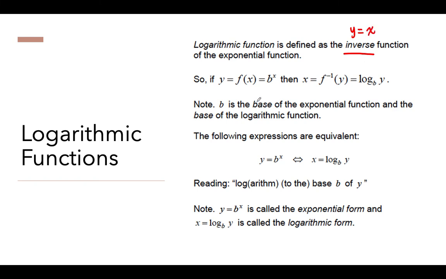So all you need to do is switch x and y to go from one to another. If we're given y is equal to b^x, then x is equal to f inverse of y. Note that b is the base of the exponential function and the base of the logarithmic function. So the base stays the same.